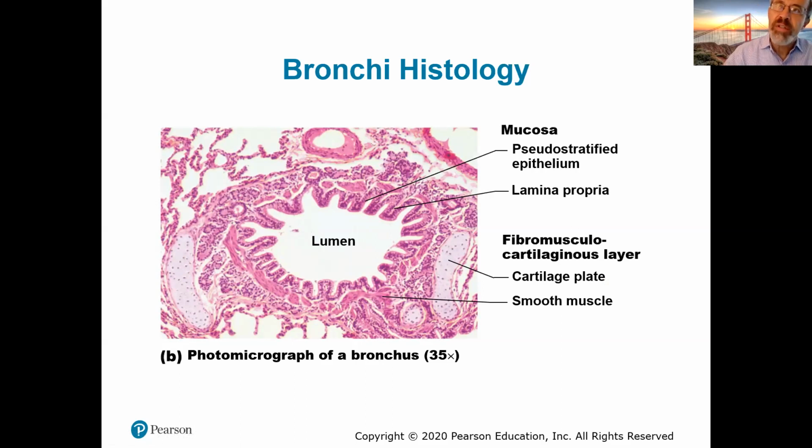Remember, in the arterioles, the muscle helps to regulate blood flow, right? In this case, the smooth muscle in the bronchioles helps to regulate airflow. And those of you that have asthma or know of someone that does, the bronchoconstriction or the spasm has to do with the effect on the muscles.